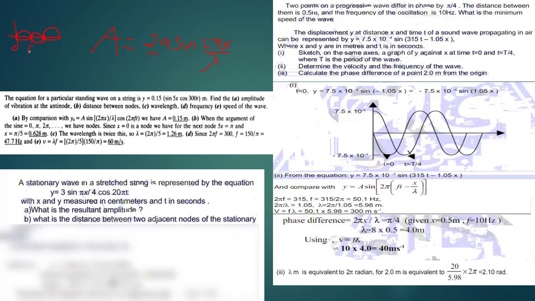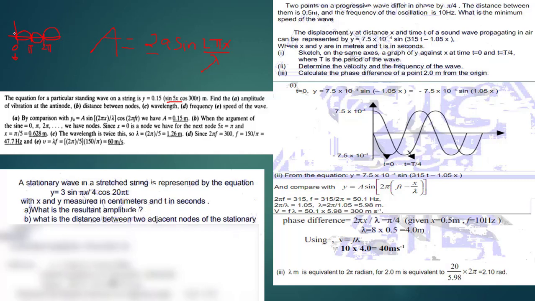We have another node at point pi, and another node at point 2 pi. These are the angles that will give us nodes. Looking at this, because when you are asked to find any distance from the equation you use the part that has the value of x, for this case sin 5x is the part with x.